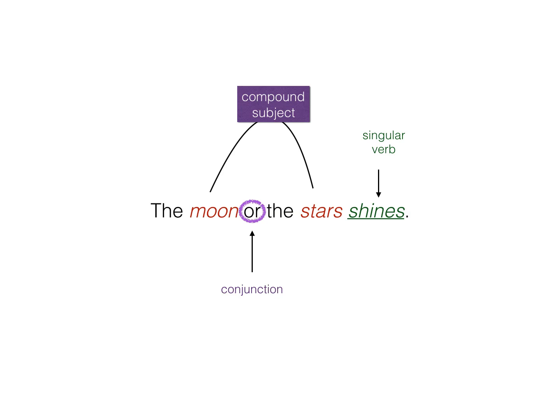Do you think the singular verb agrees with the plural subject? Now, we have to do something with that. Like I said, stars is closer to the verb shines, right? And stars is a plural subject. Now, we have to change the word shines into shine. So instead of saying the moon or the stars shines, we have to say the moon or the stars shine.